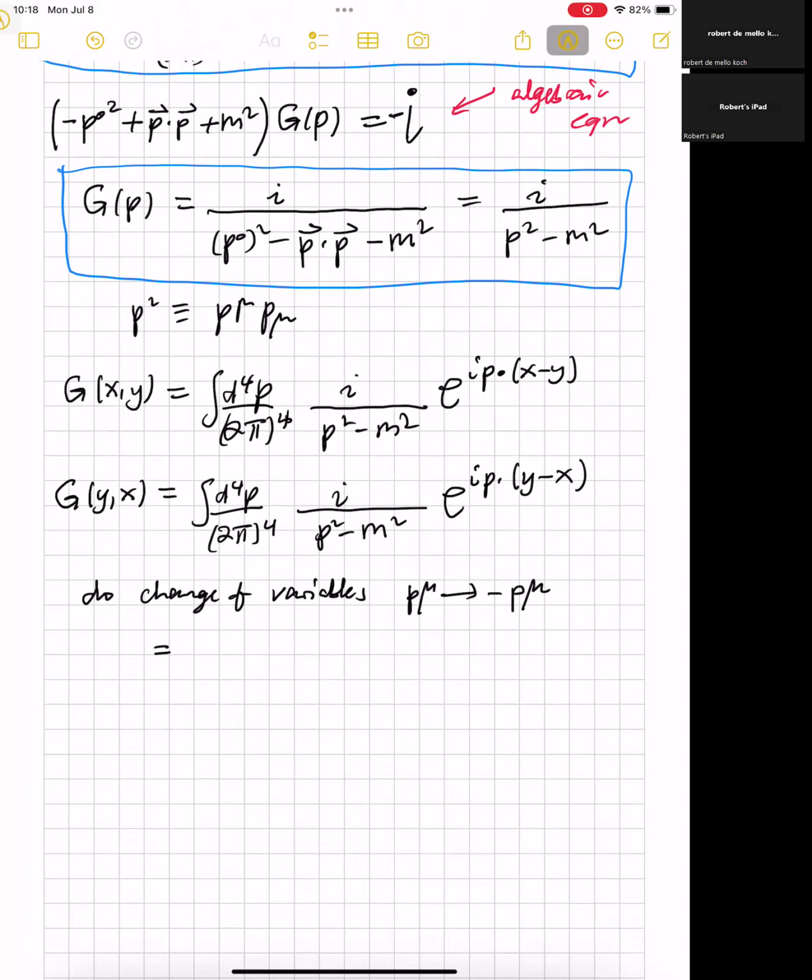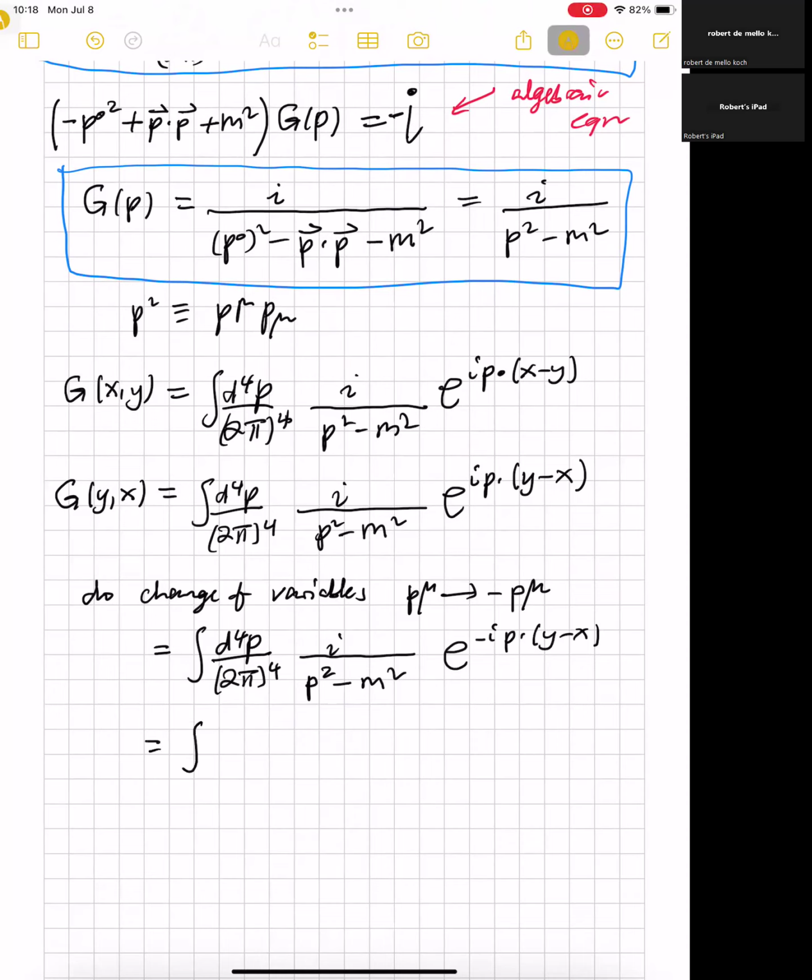When I change p to minus p, the measure is invariant and the integration domain is invariant. So that doesn't change. I'll have i over, and now p squared is obviously even, so that doesn't change, minus m squared is a constant, doesn't change. And we get e to the minus i p dot y minus x, because we've changed p to minus p.